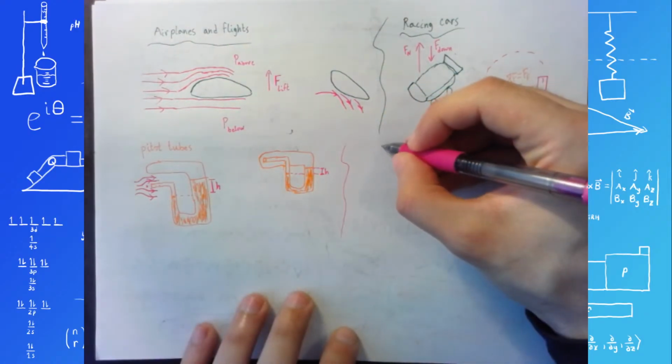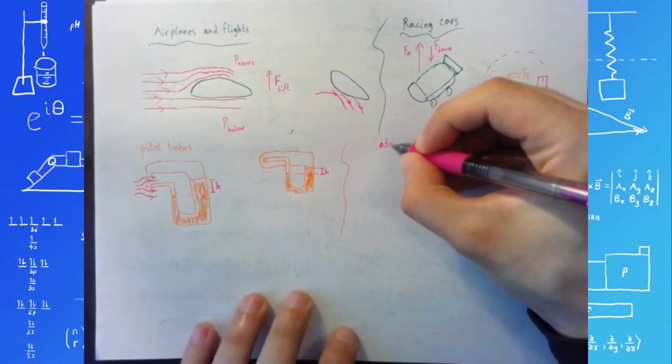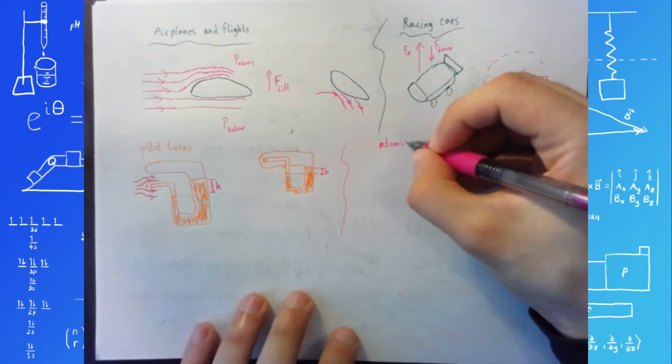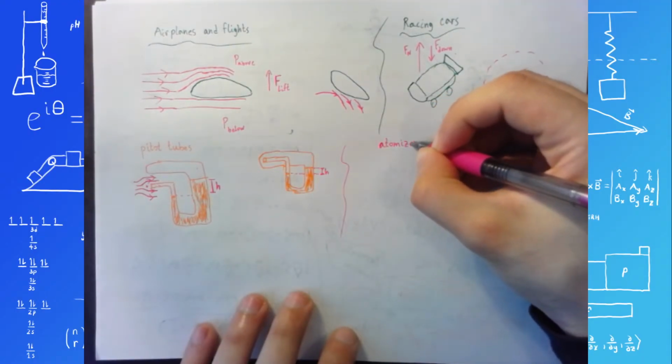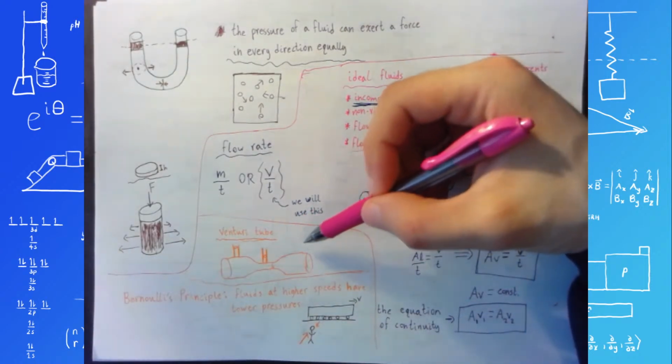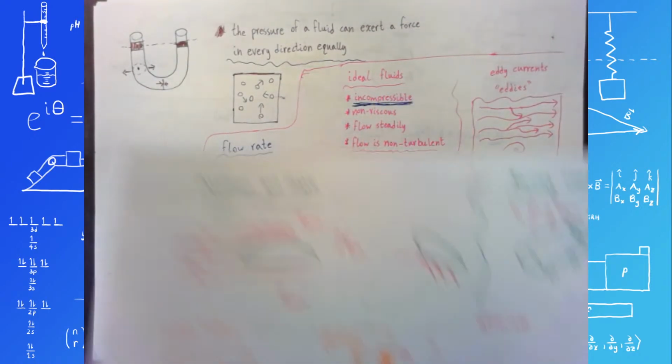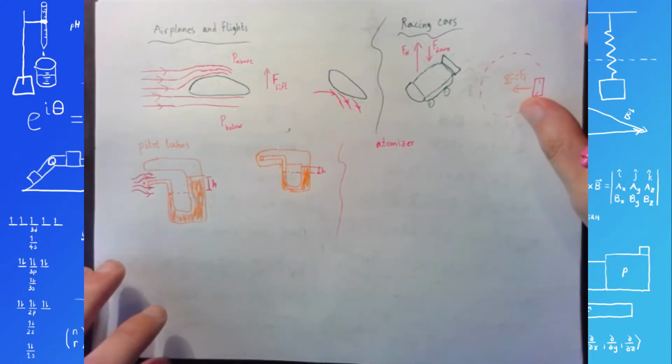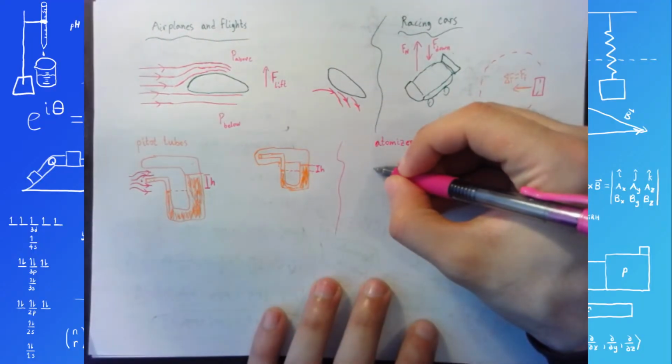So an atomizer, I guess you could say, is just kind of like the Venturi tube that I mentioned. Over here. I guess an atomizer is a kind of Venturi tube.